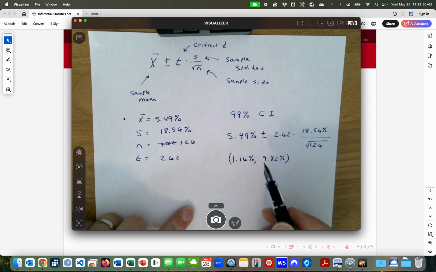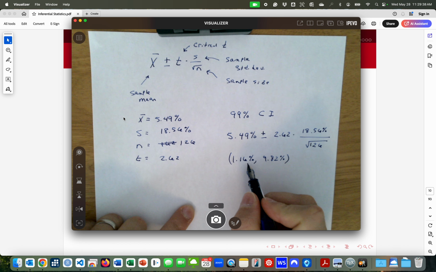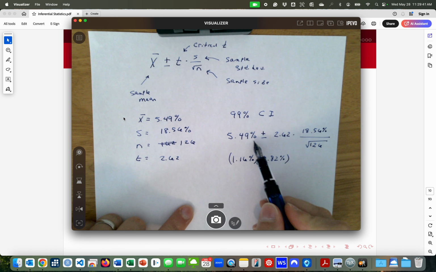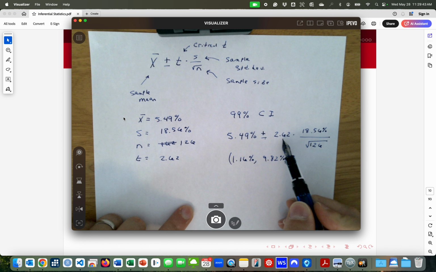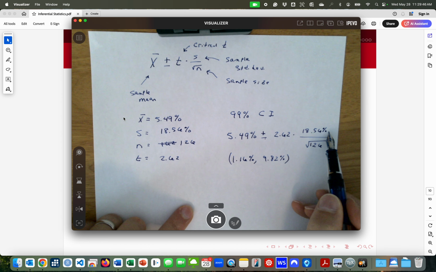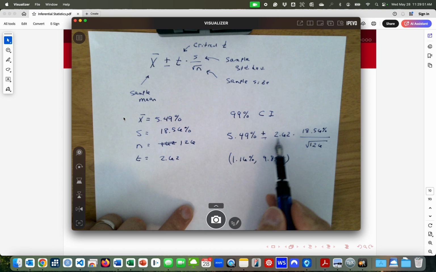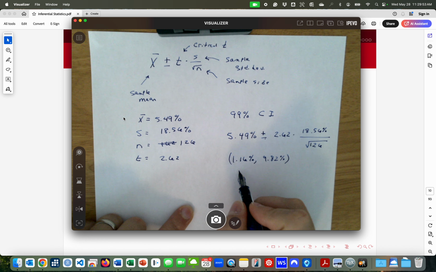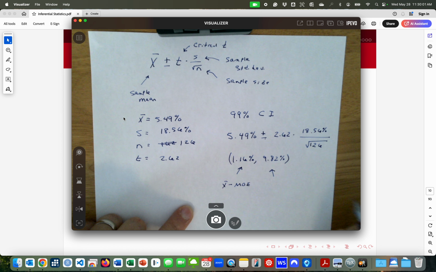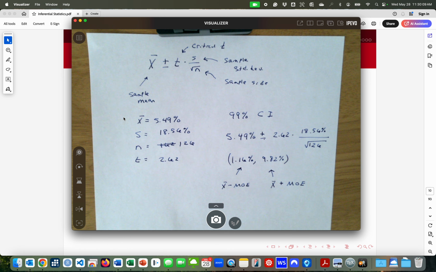So this would be the confidence interval, where this 1.16% is 5.49% minus 2.62 times 18.56% divided by the square root of 126. So the X bar minus the margin of error gives you this value here. And this upper bound right here is X bar plus the margin of error. So that's how we get the confidence interval.